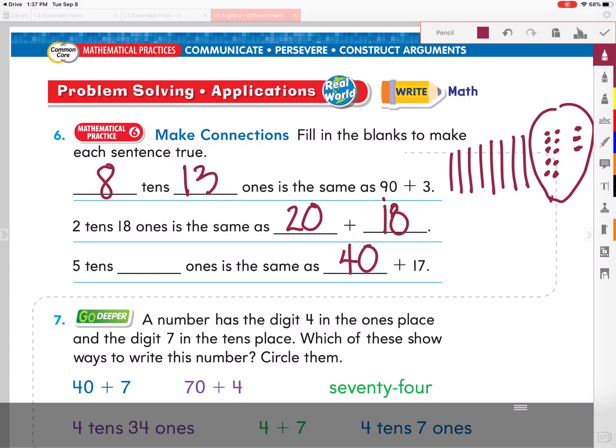So how many? I need 7 ones because 40 plus 17 equals 57. So I need 5 tens and 7 ones to show that. I should have done the math problem. I should have done 40 plus 17 before I wrote down 57, but my brain got ahead of me.